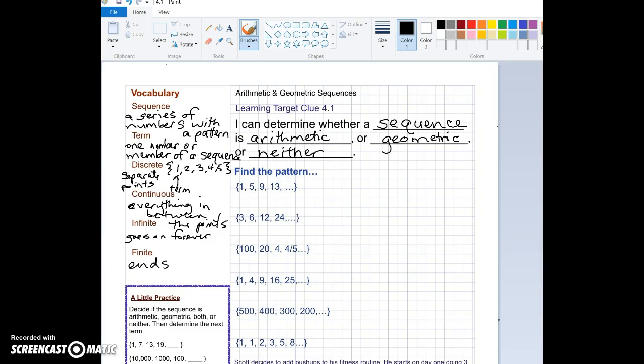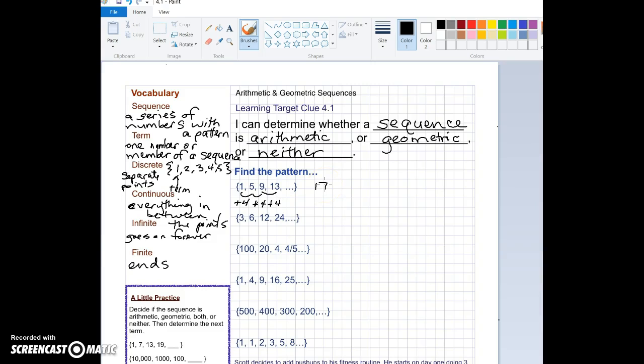Do you see the pattern? Well, to get from 1 to 5, I added 4, didn't I? And then to get from 5 to 9, I added 4 more. And when I got from 9 to 13, I added 4. So that's a pattern of adding 4. Yes? So what would be my next term? Well, it would be 17, right? Because I would add 4.